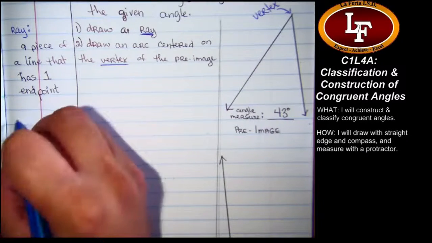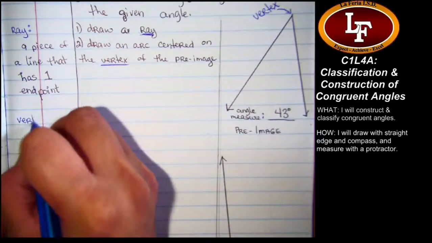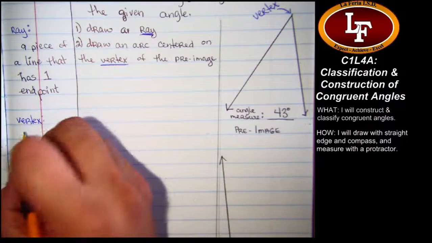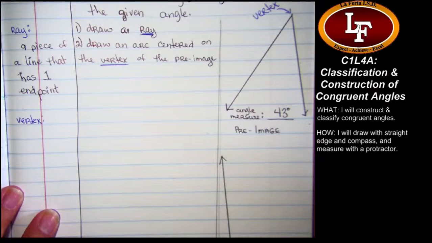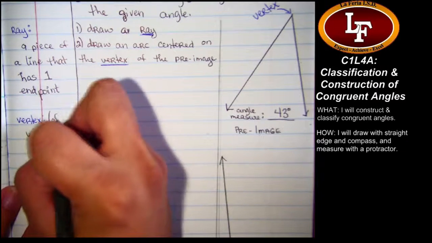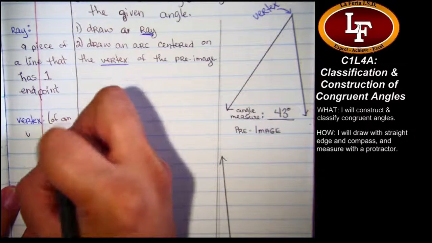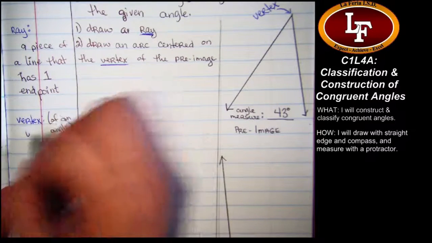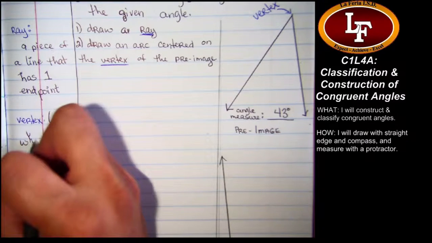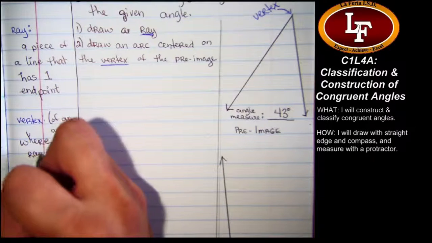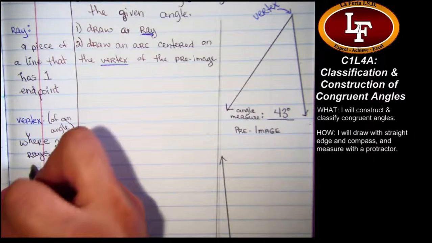Formally, here's the definition. The vertex of an angle is where 2 rays start.